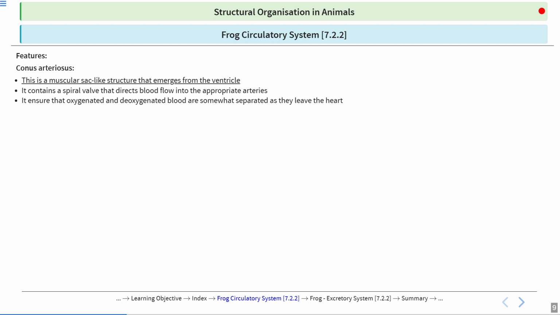At the same time, from the left atrium, the pure blood is poured into the ventricle, so at this time the pure blood is more in the ventricle. When there is a contraction, the blood is passed to the aorta through this spiral valve. That is why this point is mentioned here. It ensures that oxygenated and deoxygenated blood do not get mixed, and are somewhat separated as they leave the heart.